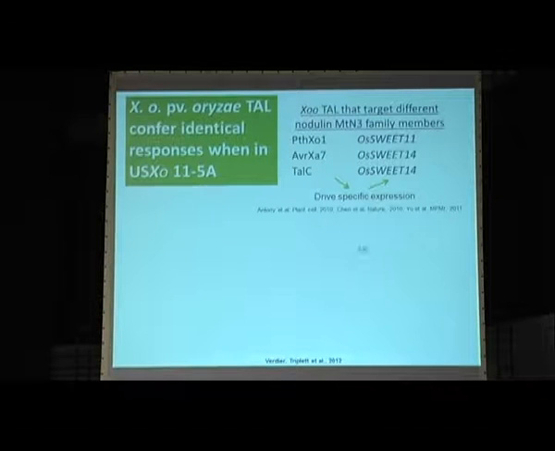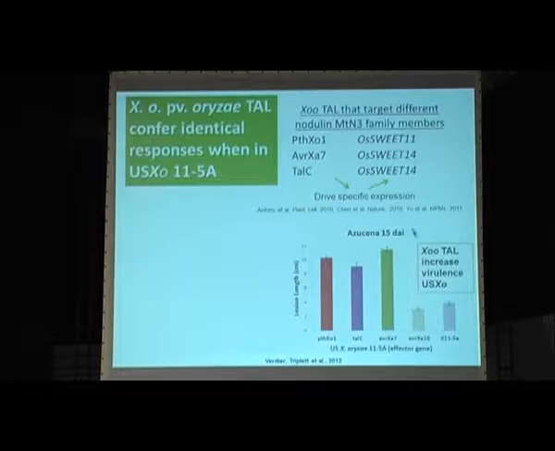So we stretched this and added a number of other different Xanthomonas oryzae TAL effectors into this strain and asked if they drove the expression of the targets that they should, and if they also increased virulence. And sure enough, if you put effectors from a number of different strains in, and we show a few here, if they induced an increase in virulence, or if they were important for virulence in their original strain, they also increased the virulence of the U.S. strain.